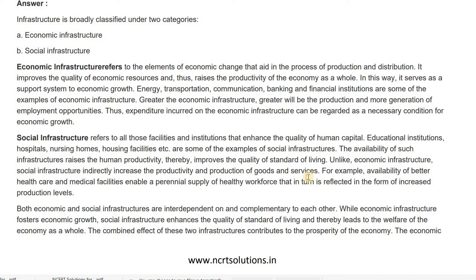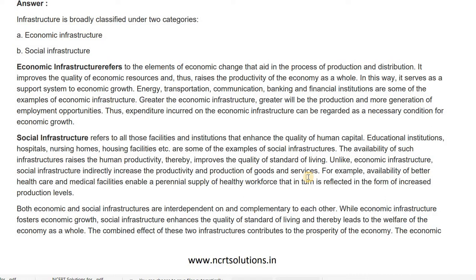Okay, then both economic and social infrastructures are interdependent and complementary to each other. While economic infrastructure fosters economic growth, social infrastructure enhances the quality of standard of living and thereby leads to the welfare of the economy as a whole.